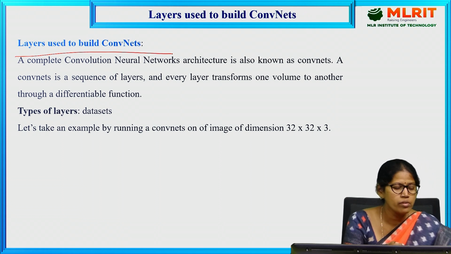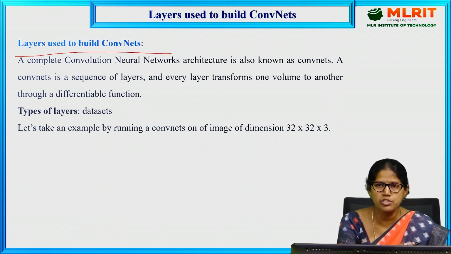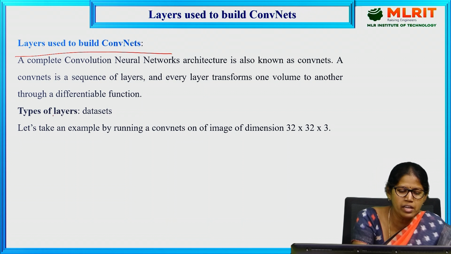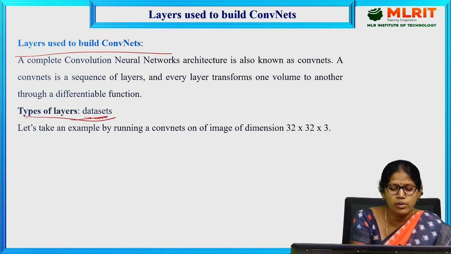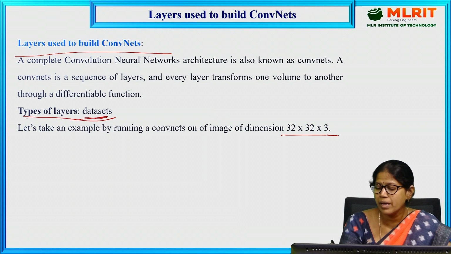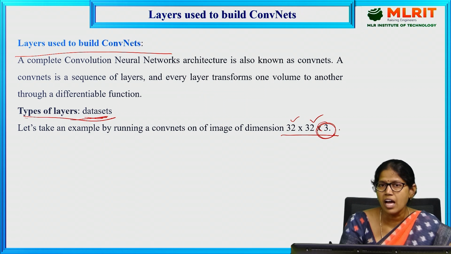We have already seen the image input layer, convolution layer, max pooling layer, dense layer and output layer. We'll see them one by one. In this example we have taken a dataset of size 32 by 32 by 3. This is the height and width of the image, and 3 is the channels, that is RGB.